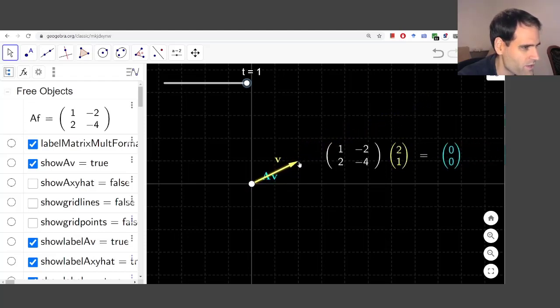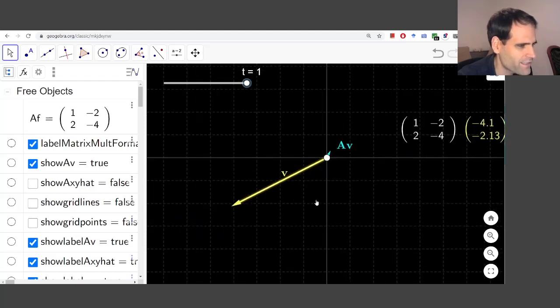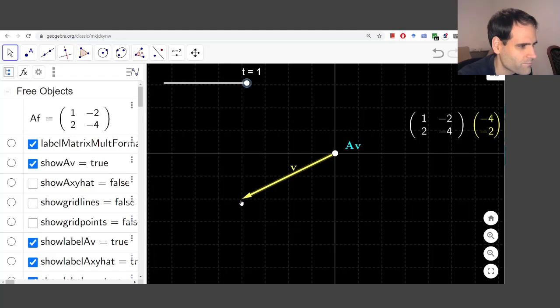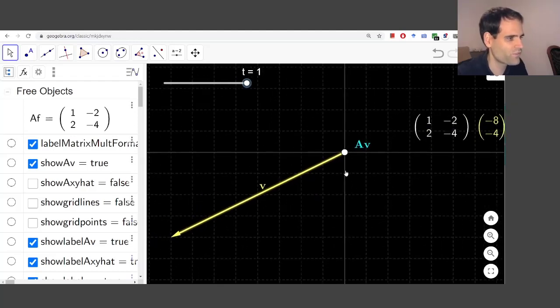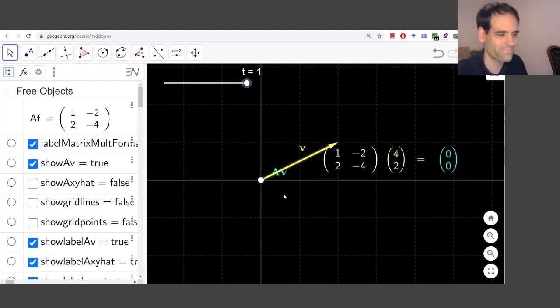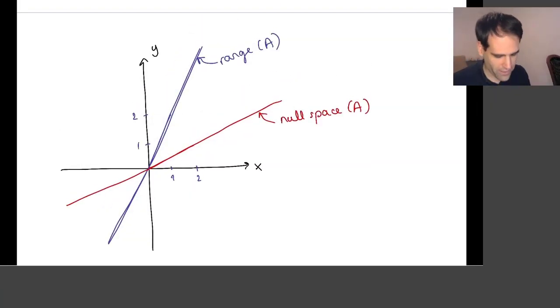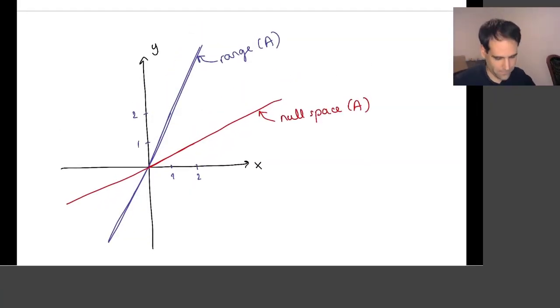So whichever vector I choose inside this line, the answer is always exactly 0. Okay, so that's the meaning of the null space: any vector inside this line gets outputted as 0. So in that way, we have shown how to calculate the range and the null space of A.